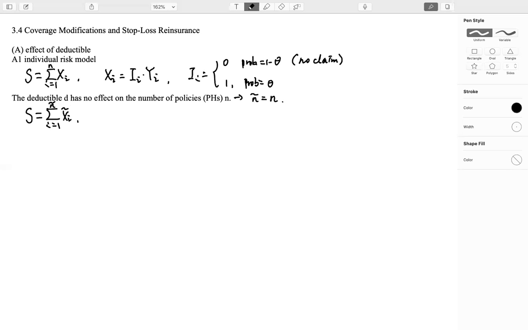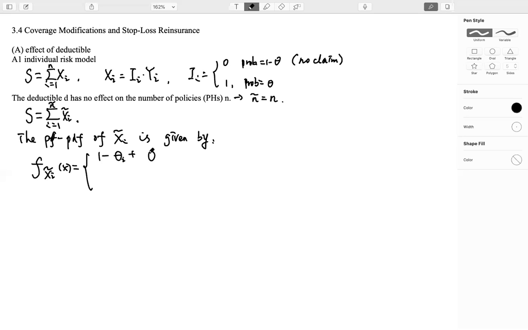Now let's study the new X tilde, the probability function PDF of Xi is given by. Okay, let me first write down the result and then we will analyze why this is the case. Let's put an index, although in pretty much all analysis, we have IID, so they are the same.